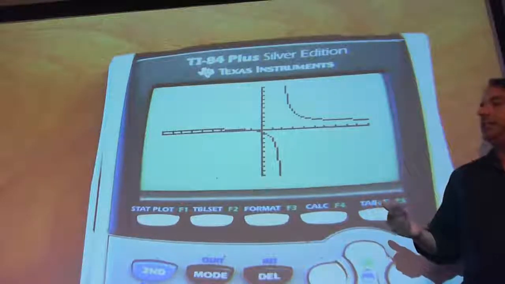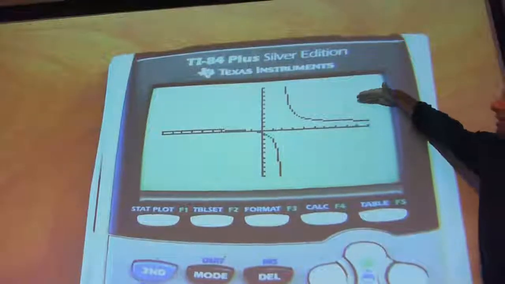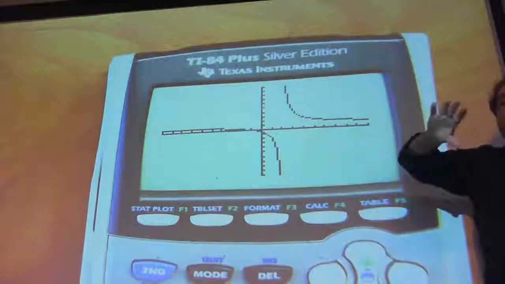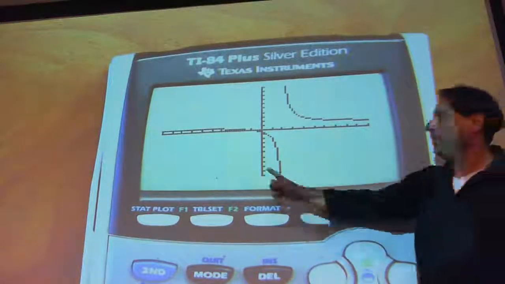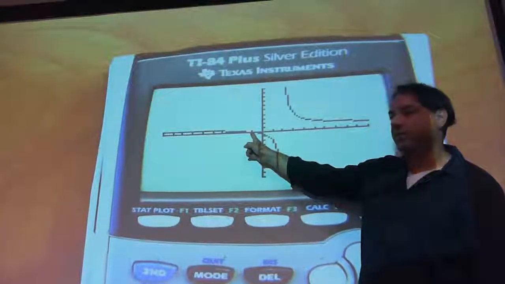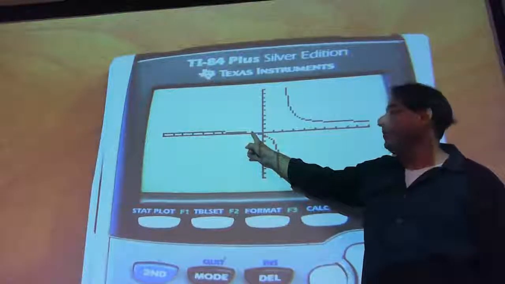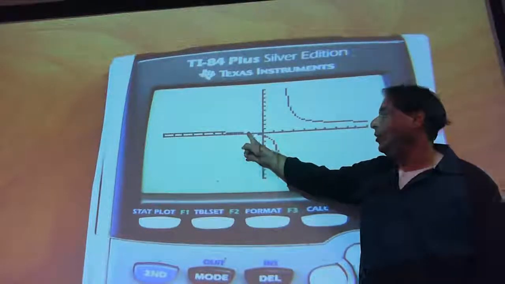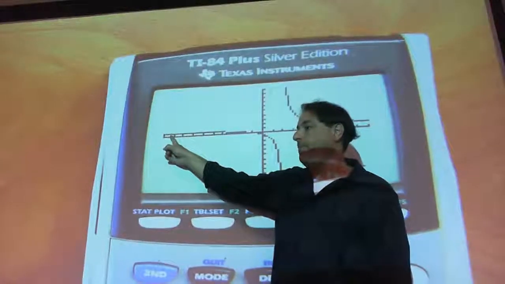My question is, when is the graph greater than 0? Greater than 0 means above 0. So I can answer this question for you right now just by looking at the graph. What number is this? -1. Was that one of our special numbers? Yep. So the graph is above 0 for anything less than -1. Are we okay?